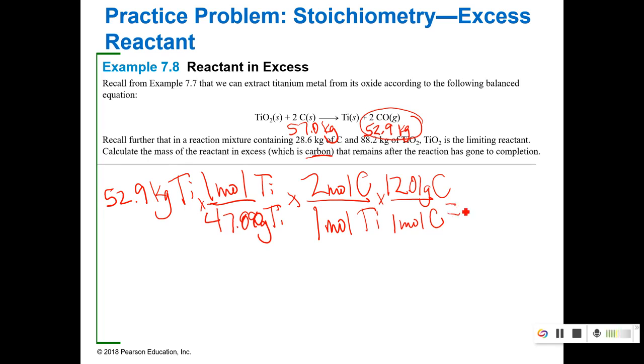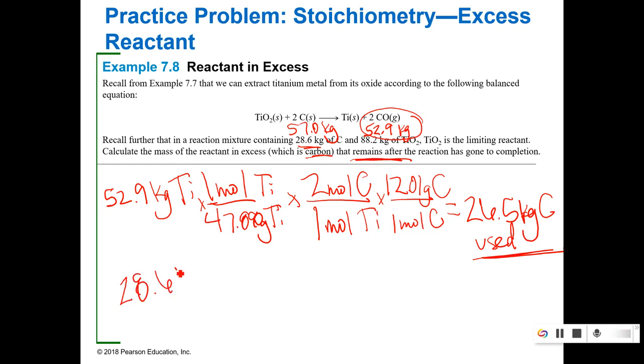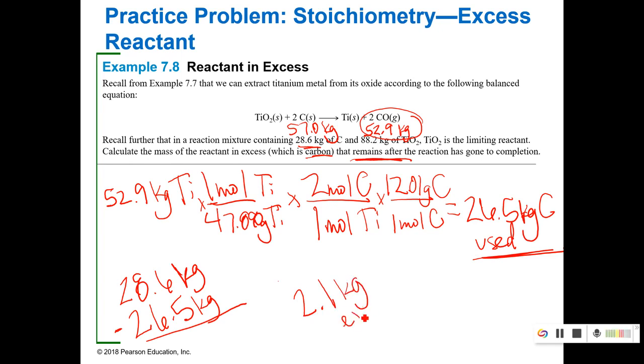And I get 26.5, and that's kilograms of carbon. So this is how much is used. To solve how much remains, I need to take my original amount of carbon, 28.6, and subtract my used amount, and I get 2.1 kilograms excess carbon.